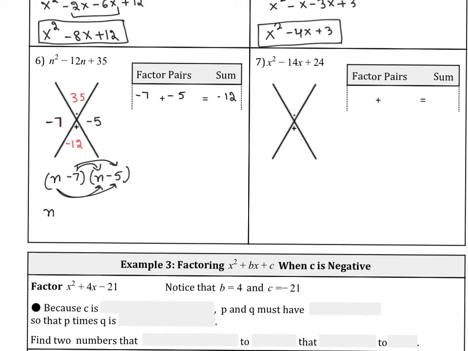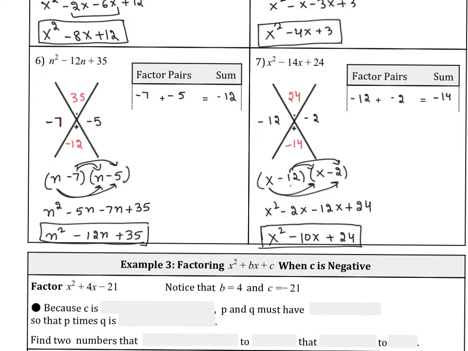So that's going to be n squared minus 5n minus 7n plus 35. So now n squared minus 12n plus 35, and that's what we had originally.